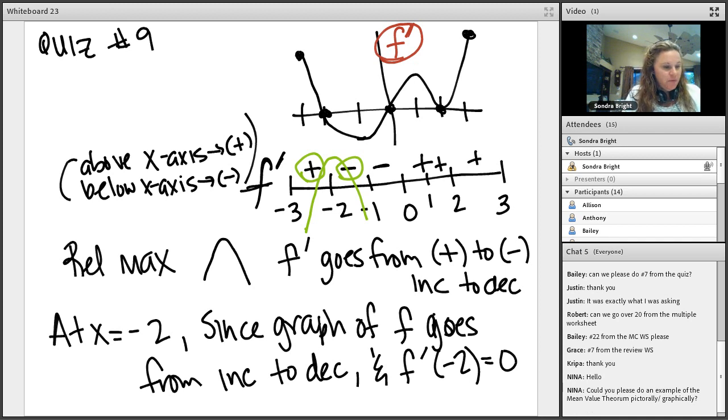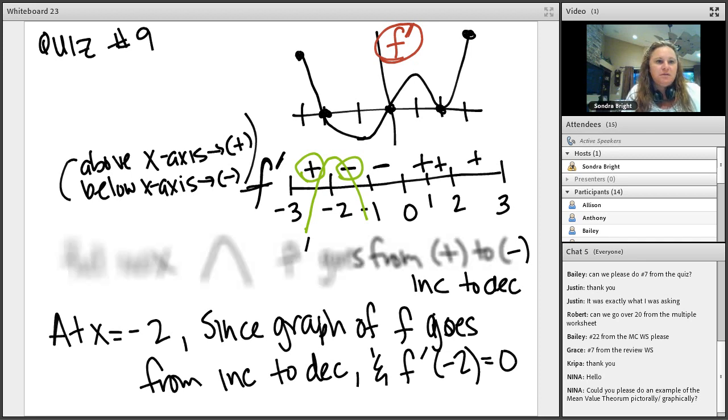Part B. Now they want to know, where does it have a relative minimum? Can I cheat? I'm going to erase this part, hopefully, so that I don't have to redraw my graph. Okay, I'm going to take this and try to erase it. Did it select it all?